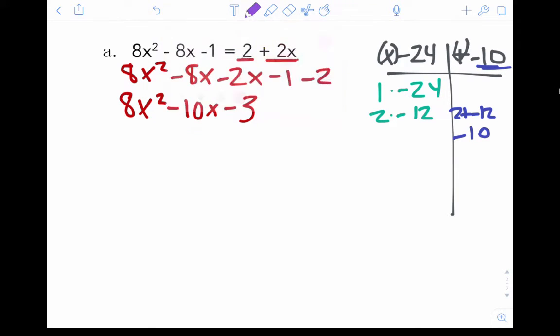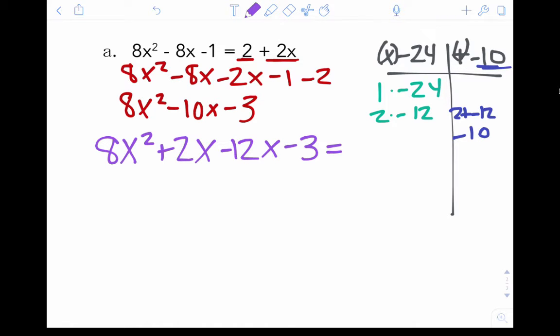So I'm going to go ahead and use my 2 and my negative 12, and I'm going to write 8x squared plus 2x minus 12x minus 3 equals 0, because now I have this all set equal to 0 because of that equal sign there.